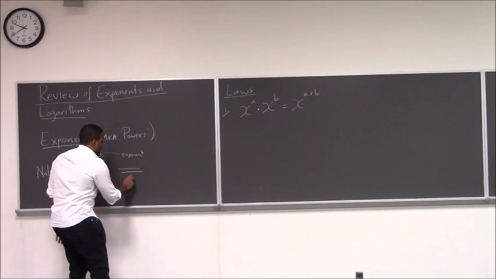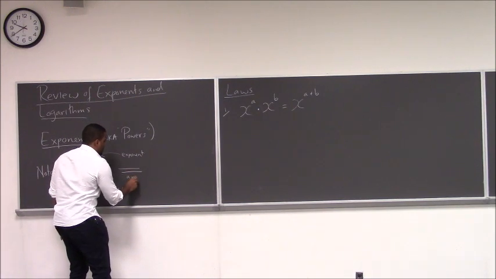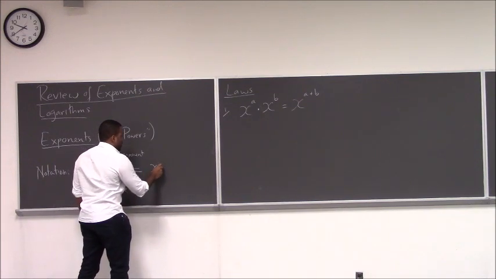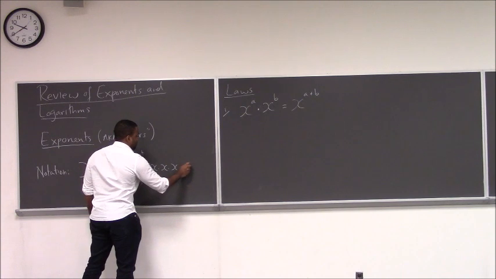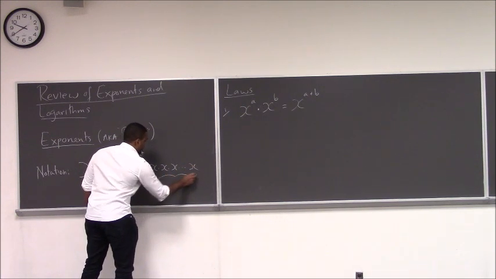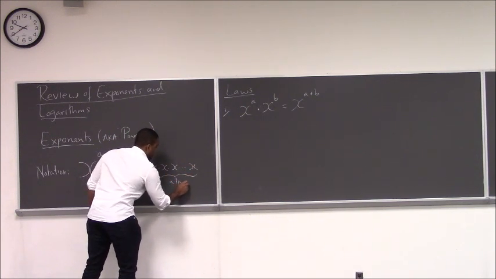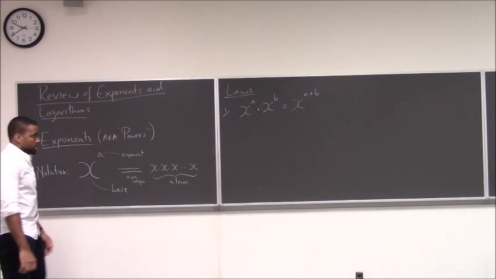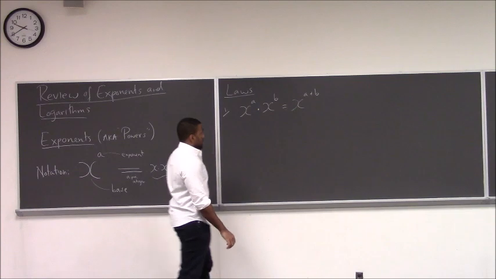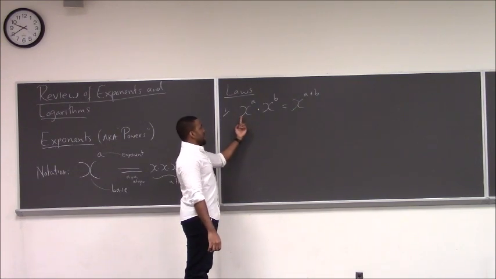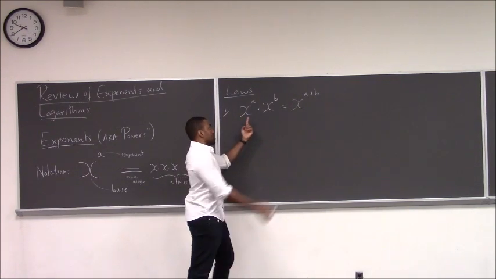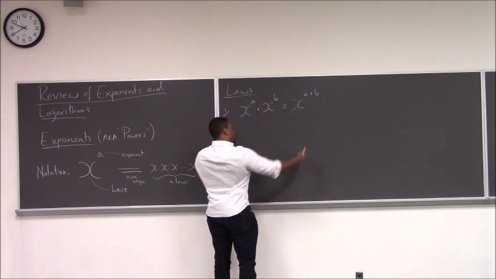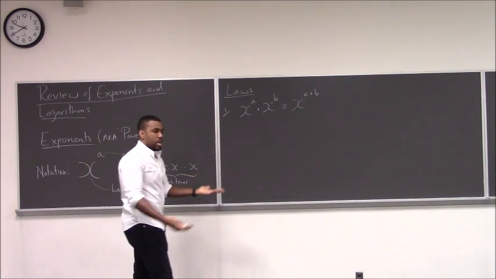If a is a positive integer, which is just a positive whole number, this is shorthand for multiplying x by itself a times. For other numbers, it might mean something slightly different, but that's basically it. So you can think of x being multiplied by itself a times, multiplied by x being multiplied by itself b times. When you count up the total number of times x is multiplied by itself, it's a plus b times.